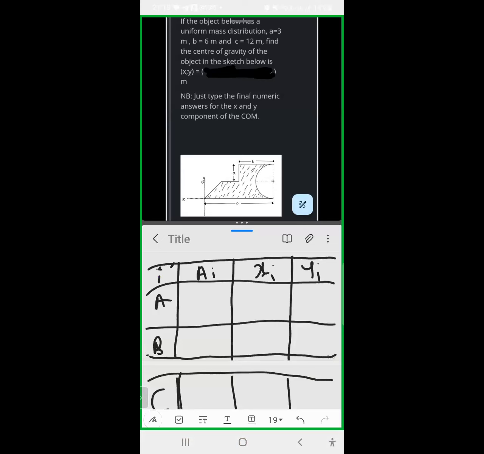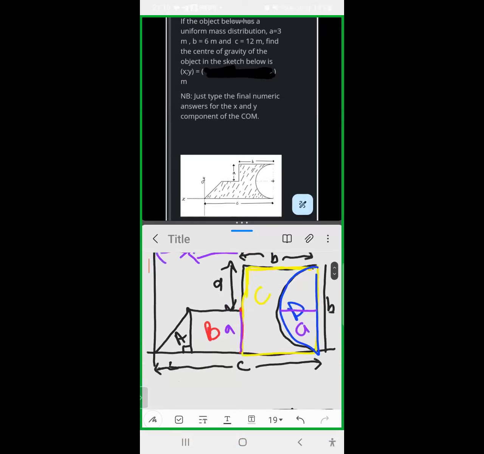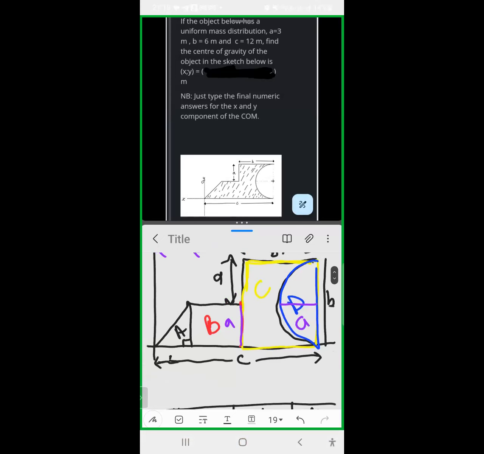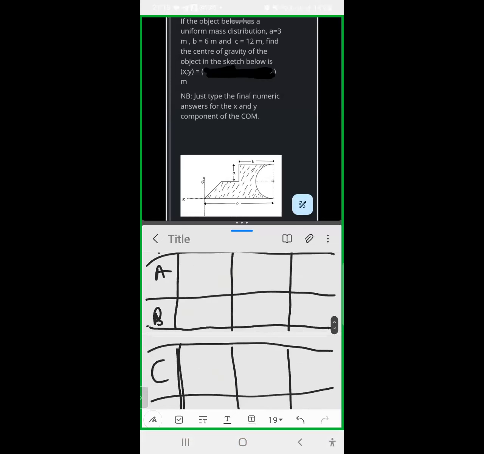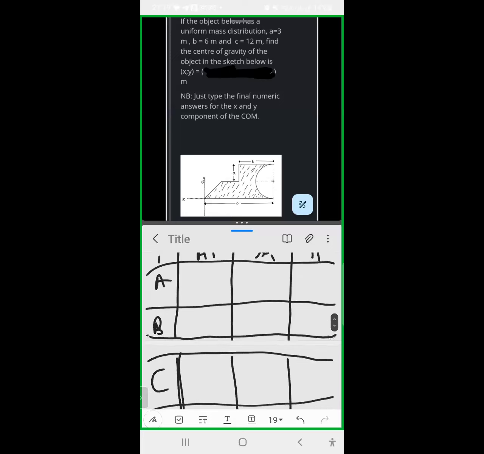Object A is a right angle triangle, located near the origin. The area of a triangle is given by half base times height. So this will be half of the base, which is a units, times the height, which is as well a units. So this will be half a squared.